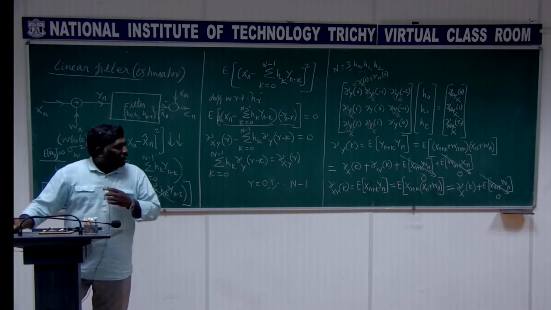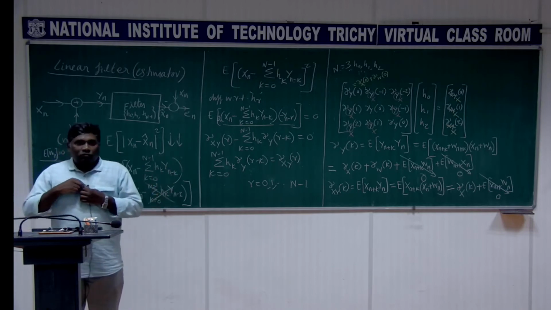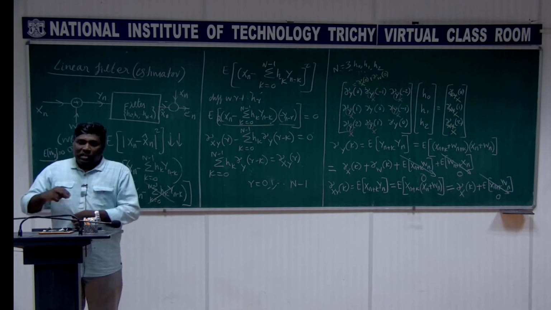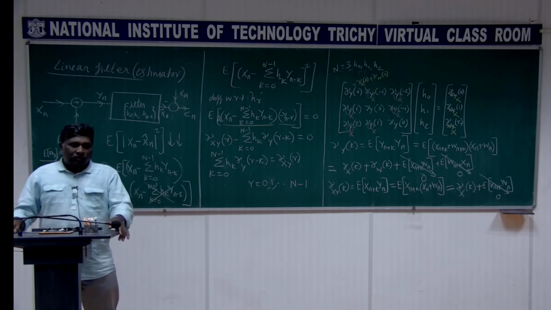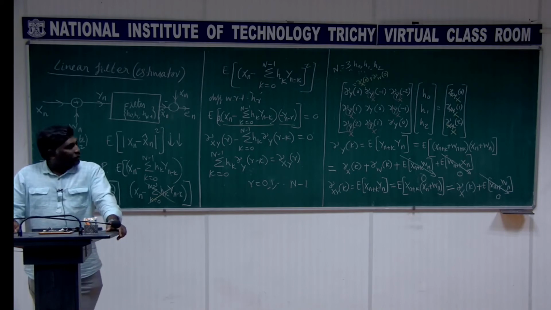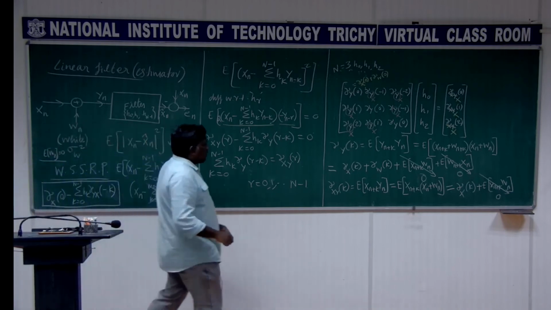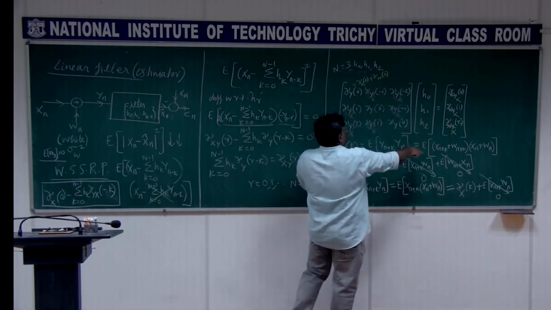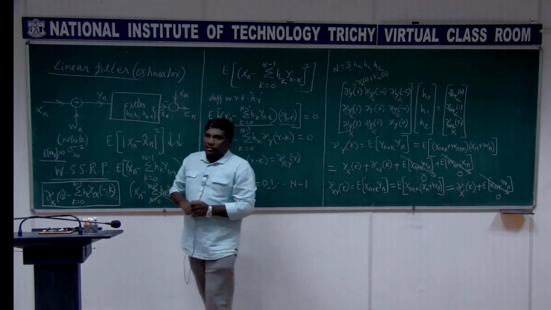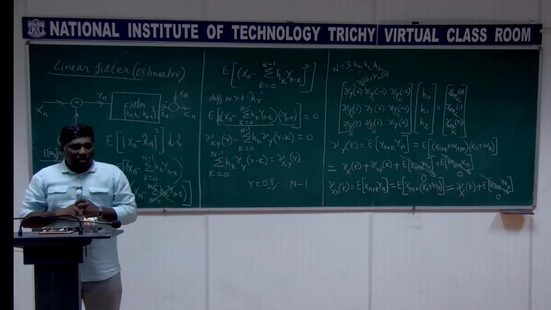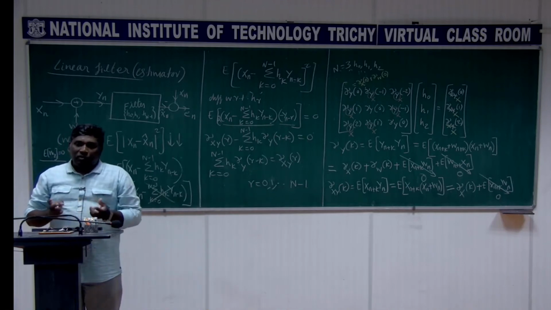We got a way to find out the filter coefficient that suppresses this noise, that is fine. But how to get gamma x of k? That is the question. Because we had an expression here with gamma x of k and gamma w of k.